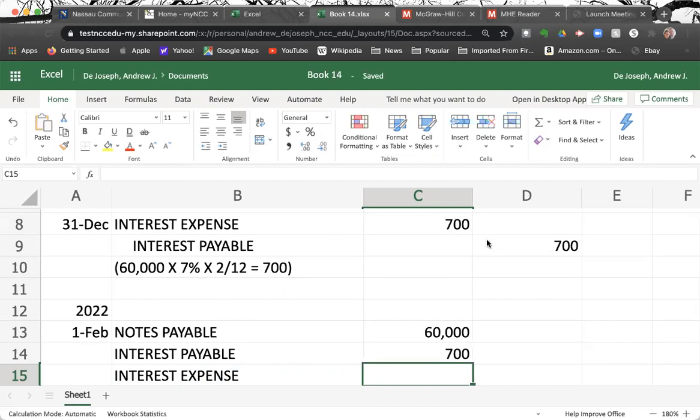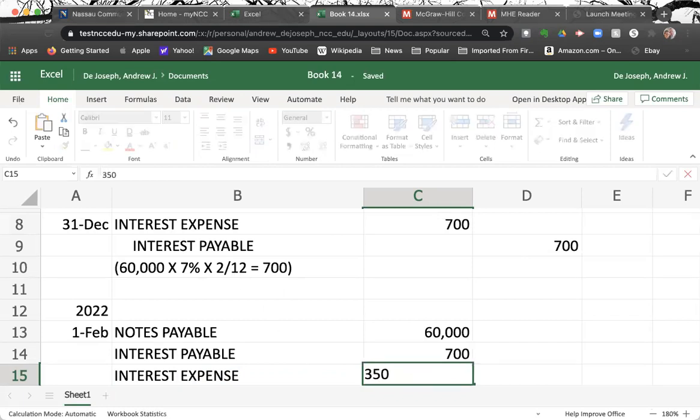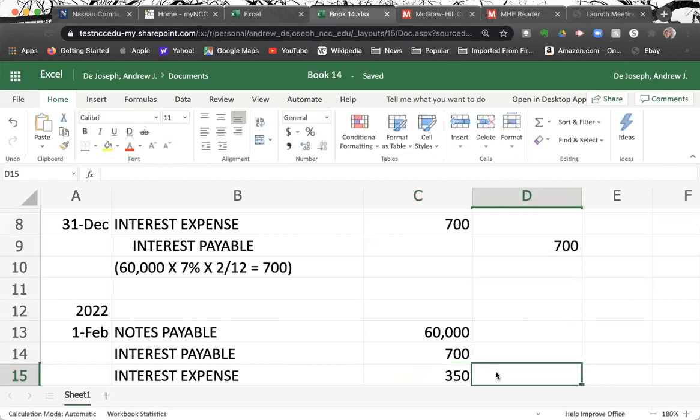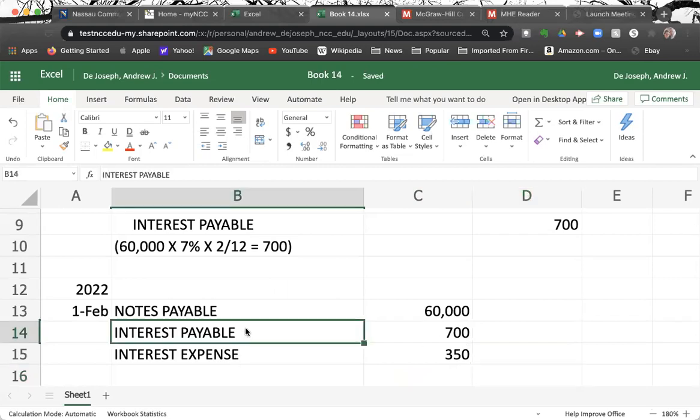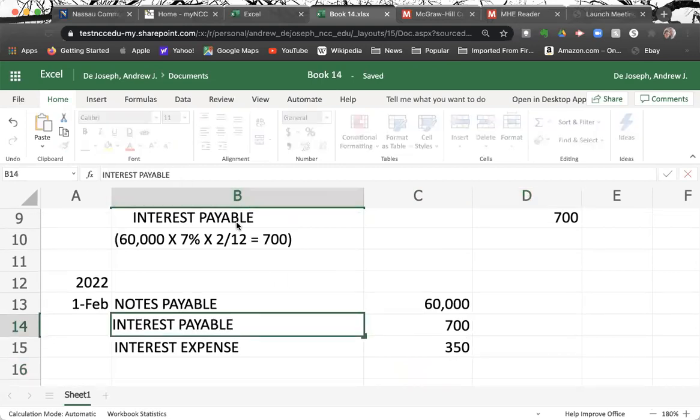If $700 is for 2 months, how much is 1? What's 700 divided by 2? It's $350. So you see, you don't have to always do the calculation. If you understand what it is that you're doing, you can find the number pretty easily.